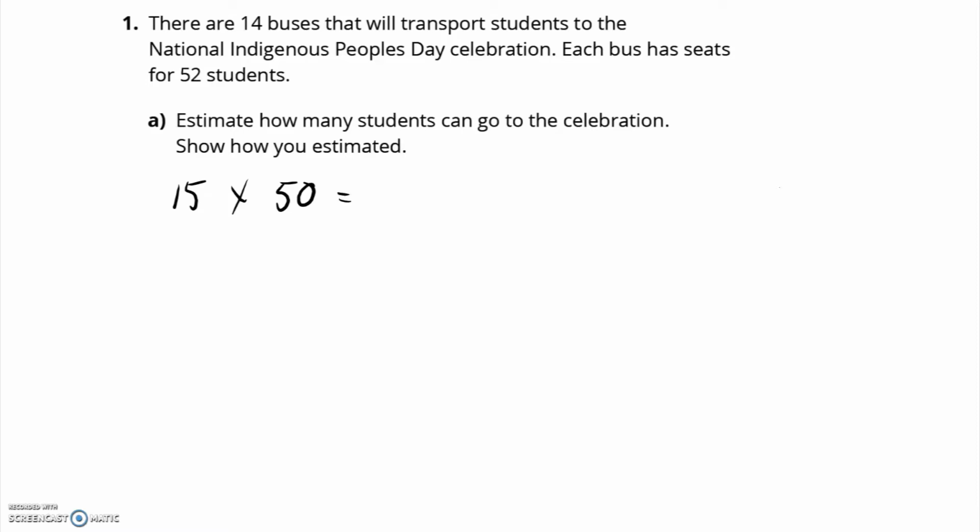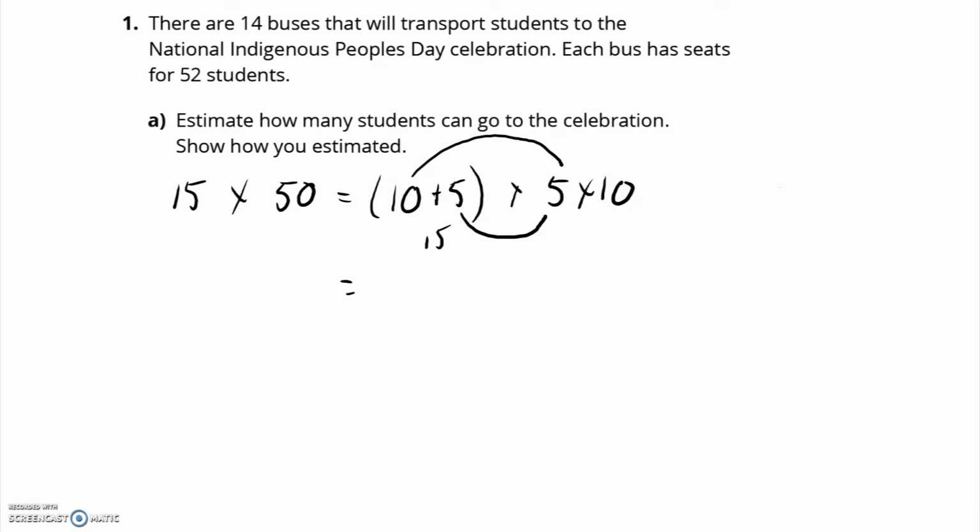To make that a little bit easier to multiply, I know that that's the same as saying 10 plus 5, which is the 15, times 50. And the 50, of course, can also be broken down to be 5 times 10. So if I'm going to multiply that out, that's the same as saying 10 times 5, and then 5 times 5, added together and then multiplied by 10.